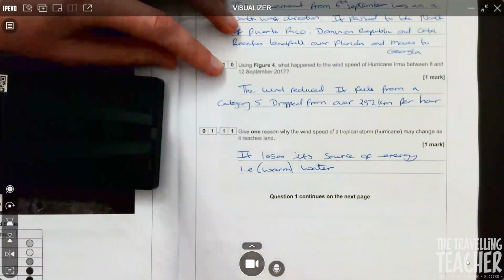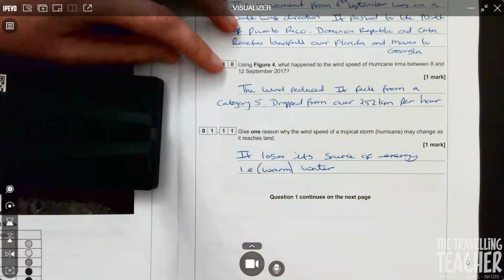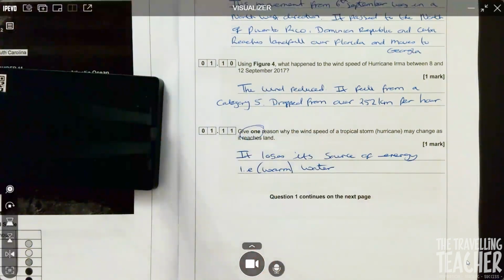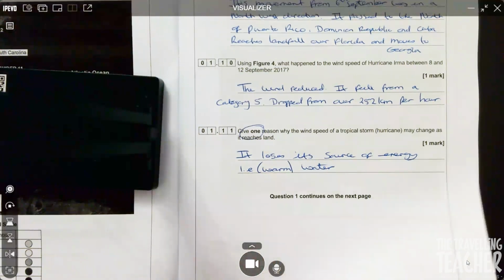You could also say that there's going to be slower movement due to winds in contact with land or rough terrain. But we only need one, so he's only asking for one reason. So there it is. Right, let's turn the page, go to our next question.